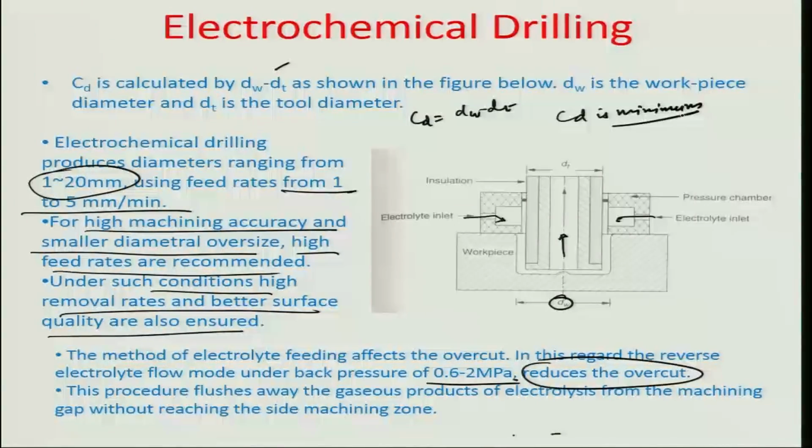Also, because of the high pressure, there is a tendency of the gaseous products generated in this region, because of the presence of hydrogen, etc., to go out of the machining region without really affecting the machining zone very much, because obviously if the pressure of infusion of the electrolyte is high, there is a very limited possibility of dissolution of hydrogen.